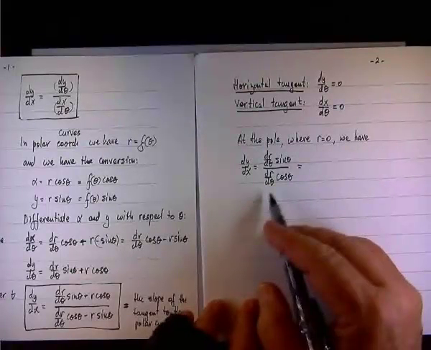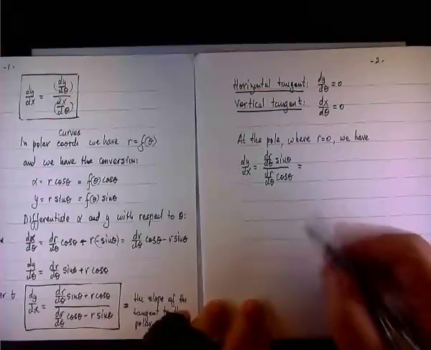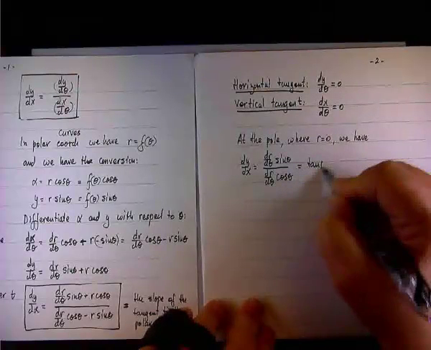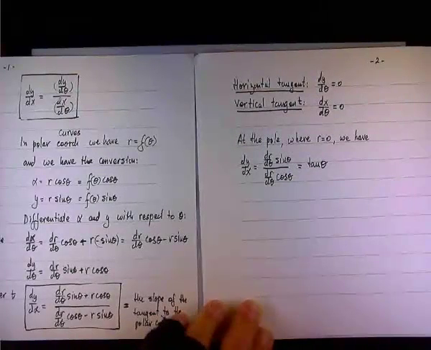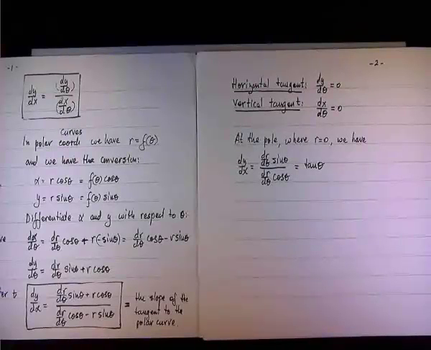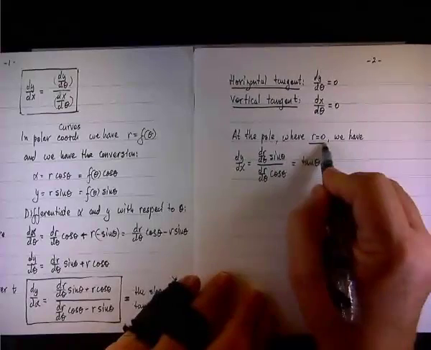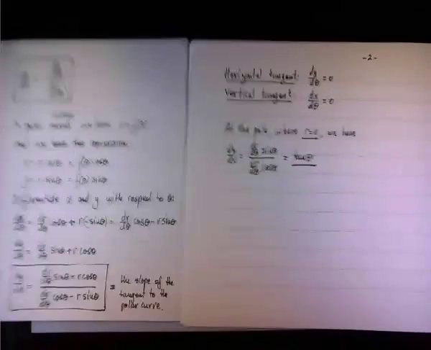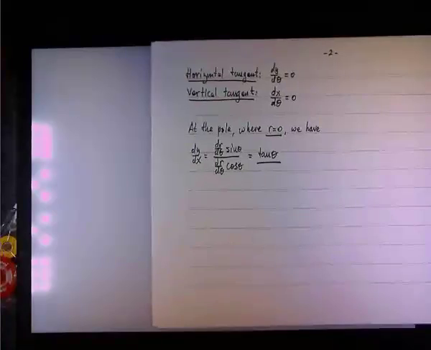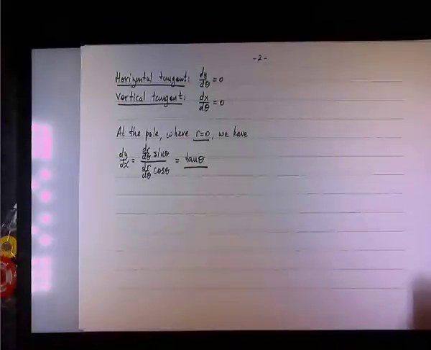And if dr d theta is not equal to 0, then we end up having tangent theta. Just like that. Everything at the pole when r equals 0, we have simply tangent theta for the slope of the tangent.